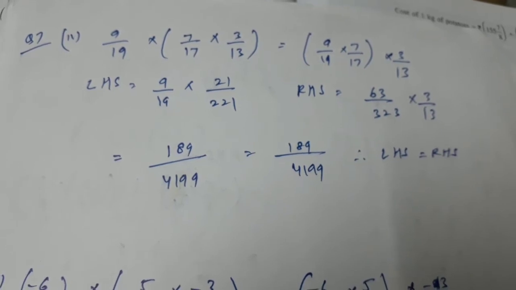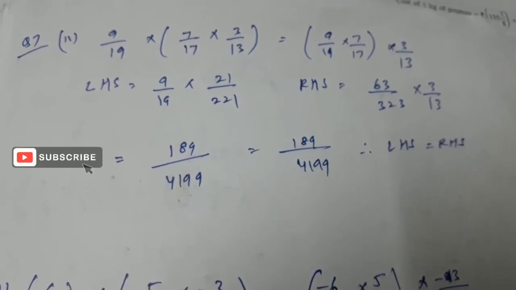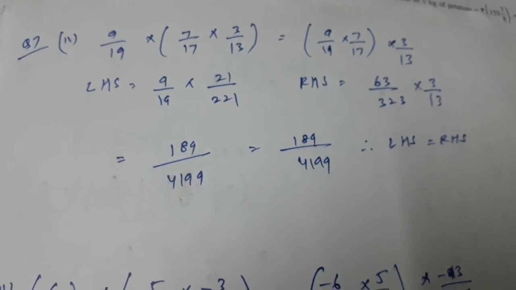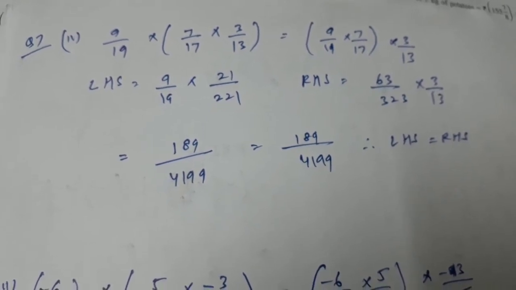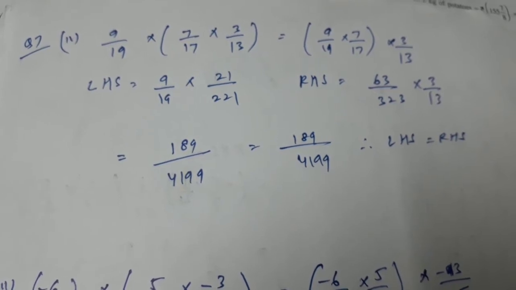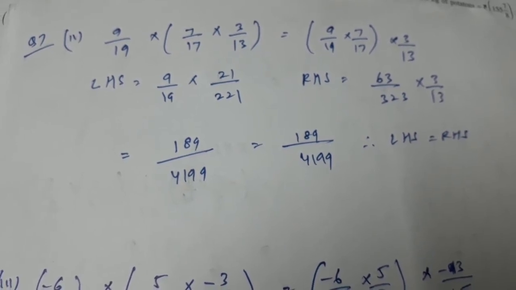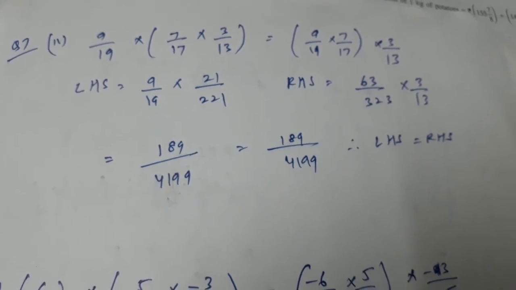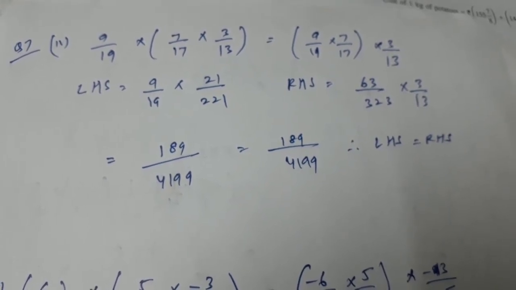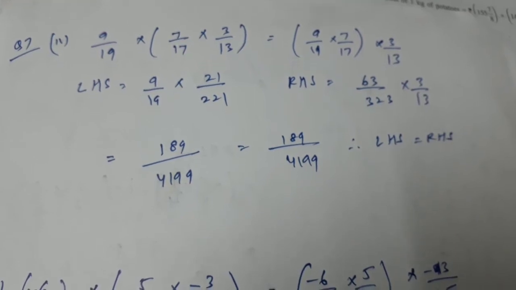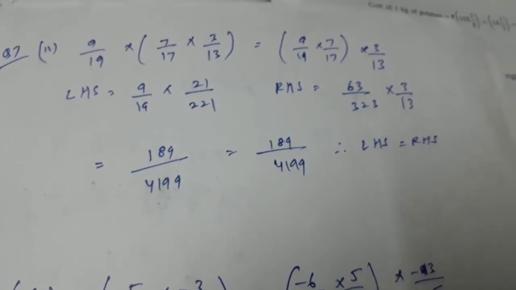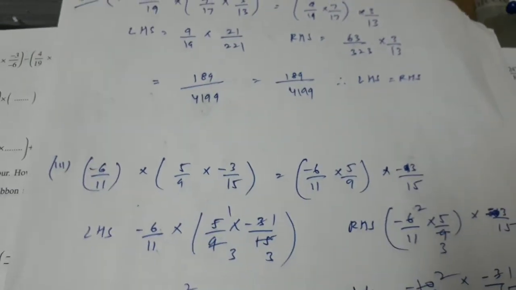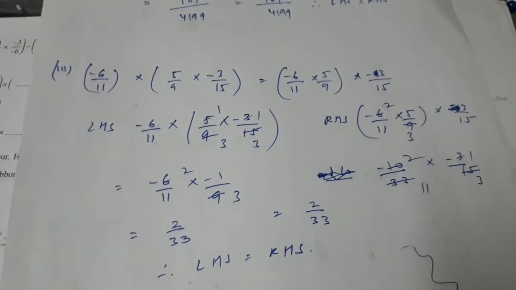In the second, third and fourth part of question number 7, we are to verify the associative property. Left hand side 9 by 19 into 21 by 221, that is 189 by 4199. Right hand side 63 by 323 into 3 by 13, that is 189 by 4199. So here LHS equals RHS, which means the associative property is satisfied.